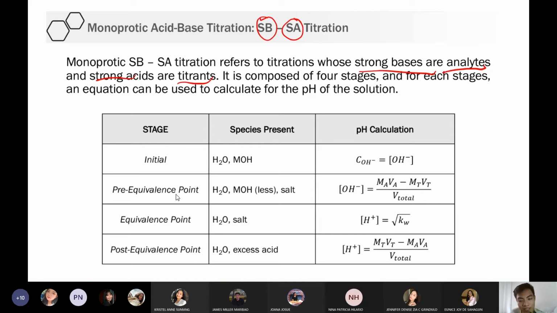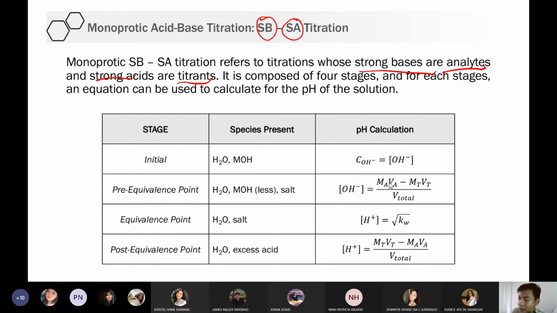At pre-equivalence point, ito naman yung nangyayari. Yung base natin nababawasan. So, the equation to be used is this one. This is a modified version doon sa strong acid, strong base. Instead of solving for H plus, we will solve for the OH minus.